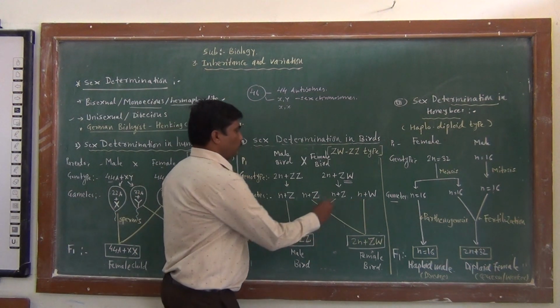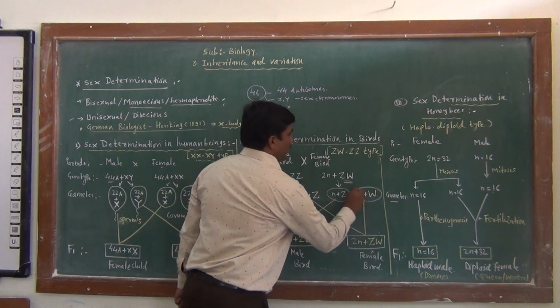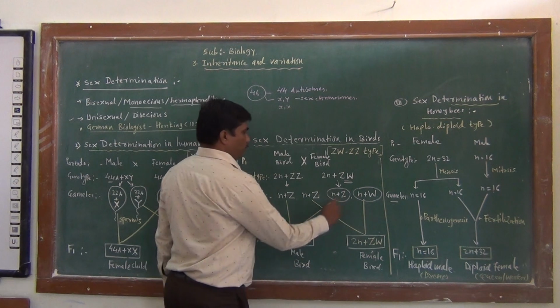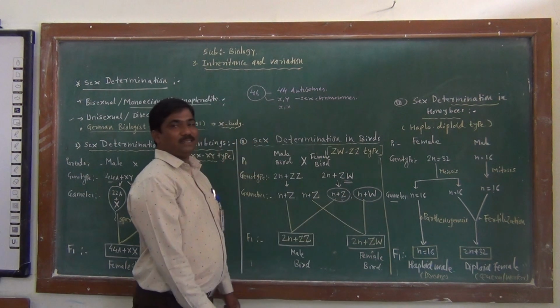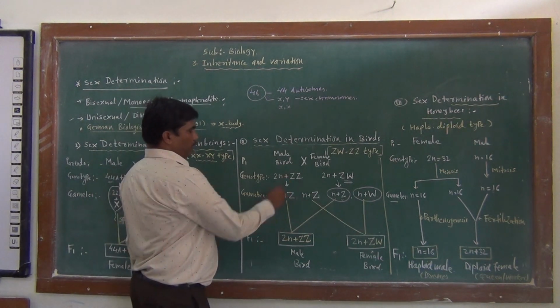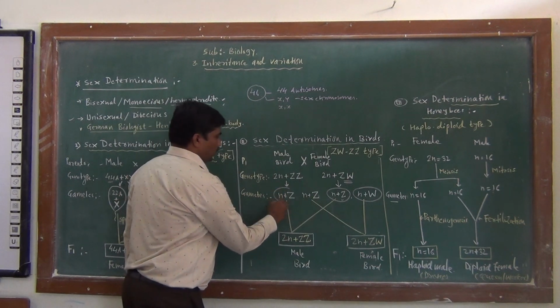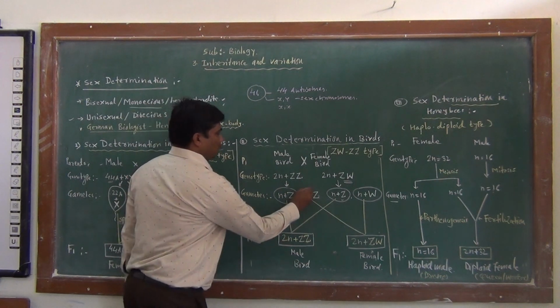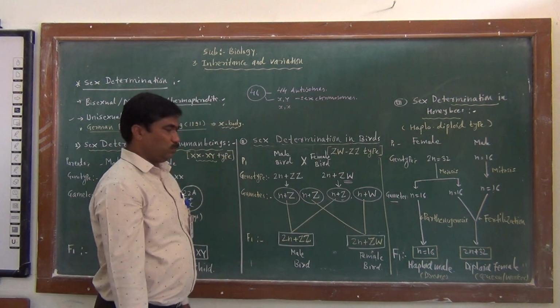So two types of gametes, two types of eggs, are formed. Half of them contain Z chromosome, half of the eggs contain W chromosome. And the male produces all sperms, all gametes similar, identical, containing Z chromosome.